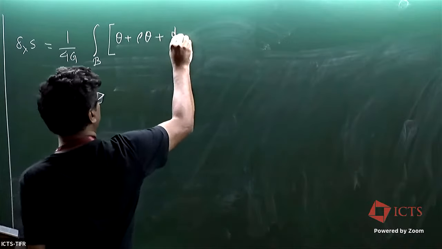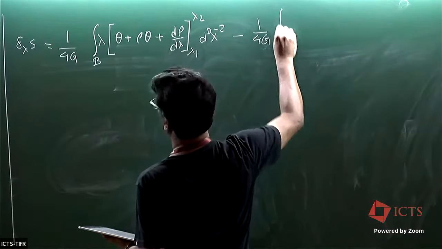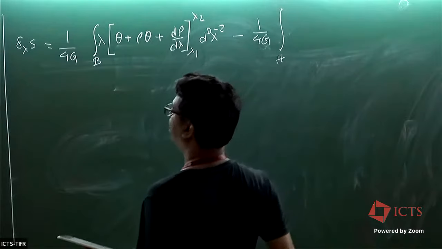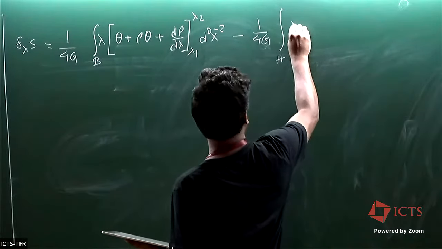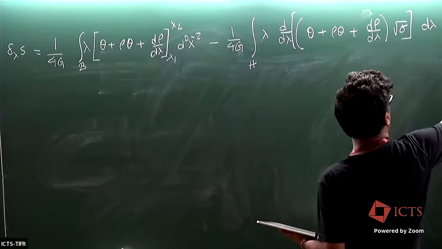This is the first term, minus 1 by 4G integral again on H, there is a lambda, then d/dλ of this entire object, theta plus rho theta plus ..., times d/dλ of square root of sigma, dλ d^(D-2)x.